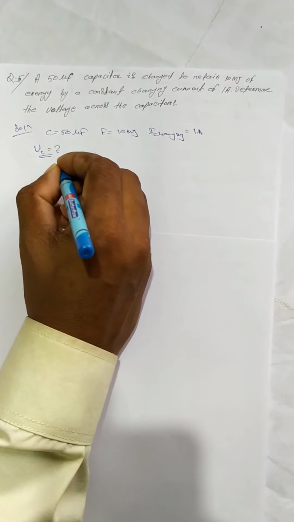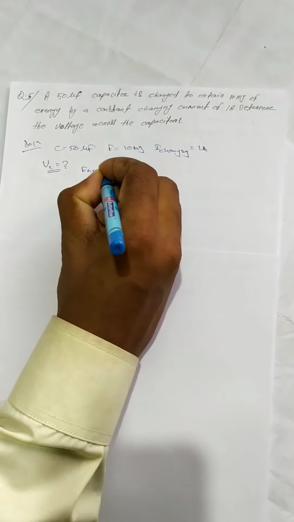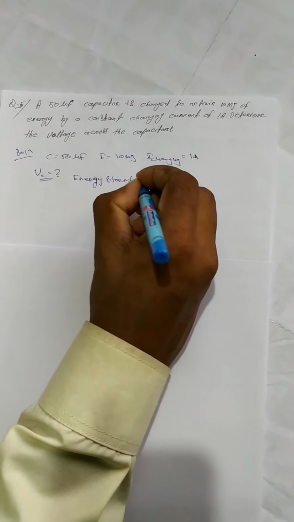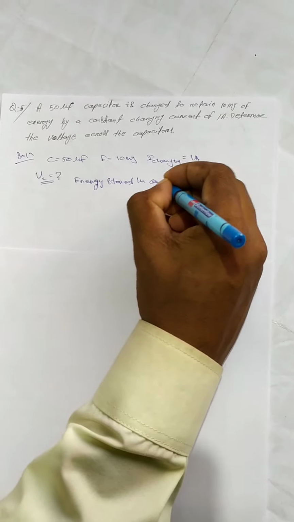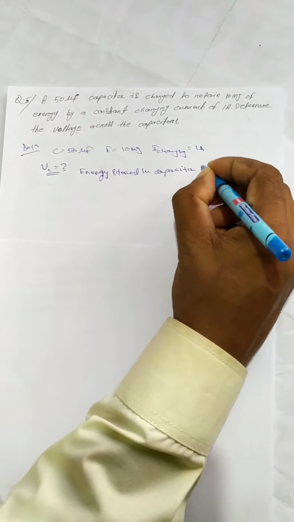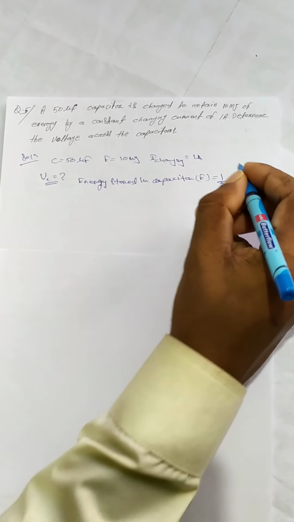We know energy stored in capacitor E equal to half CV square.